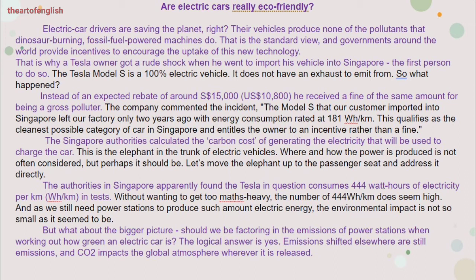Should we be factoring in the emissions of power stations when working out how green an electric car is? The logical answer is yes. Emissions shifted elsewhere are still emissions, and CO2 impacts the global atmosphere wherever it is released.